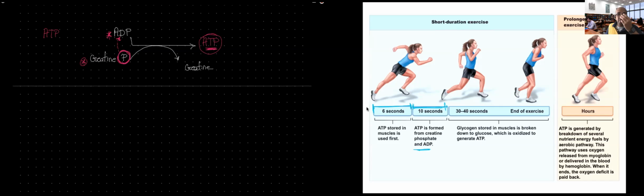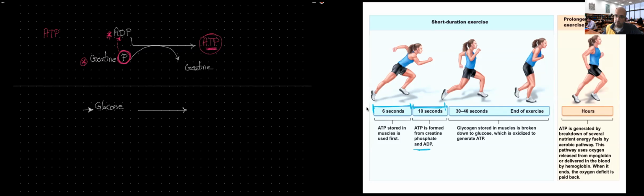But there are 2 ways for you to break down glucose: a fast way and a slow way. So I'm running a sprint. I don't want to wait for the heart and lungs to pump oxygen to my muscles. I want something fast. I'm running a sprint. So what will I do? I will start to break down the glucose without the presence of oxygen.